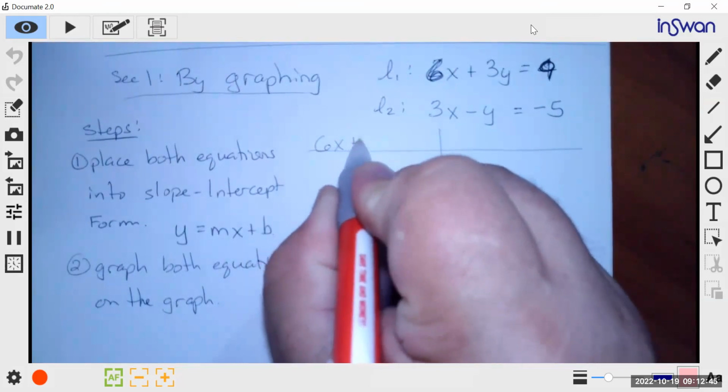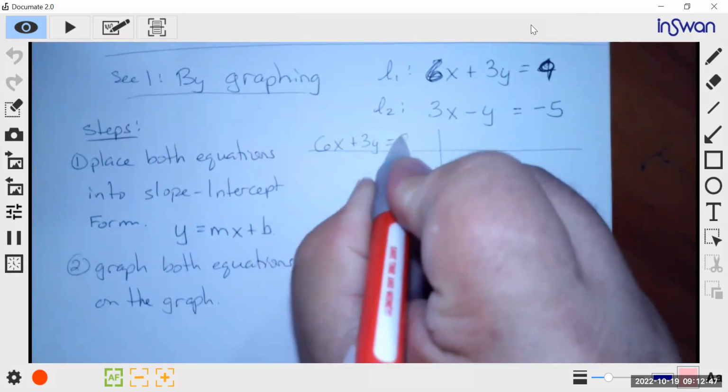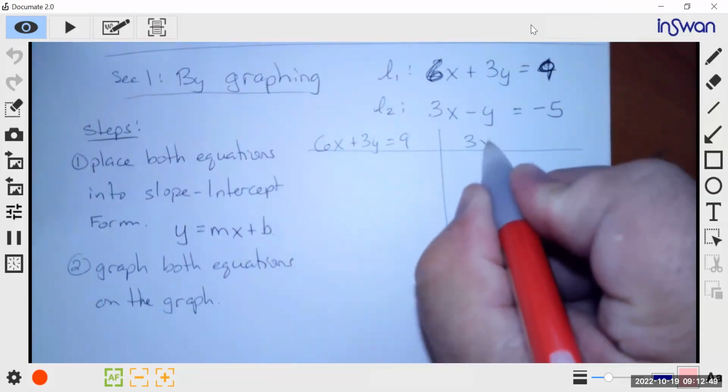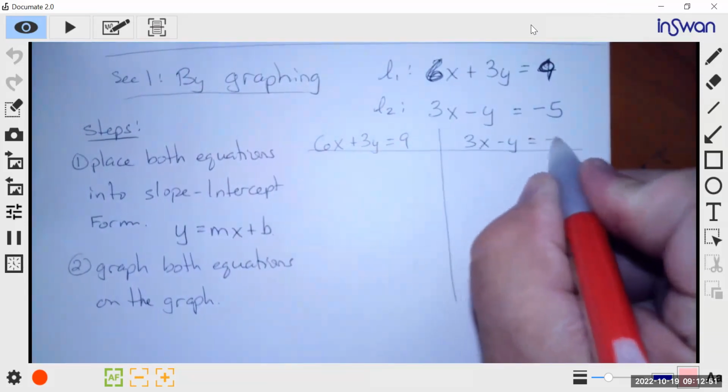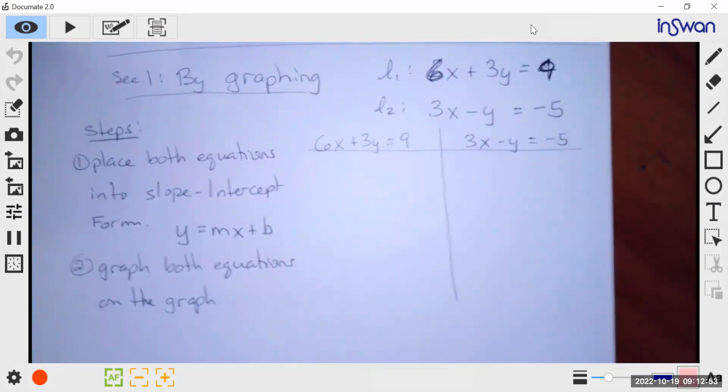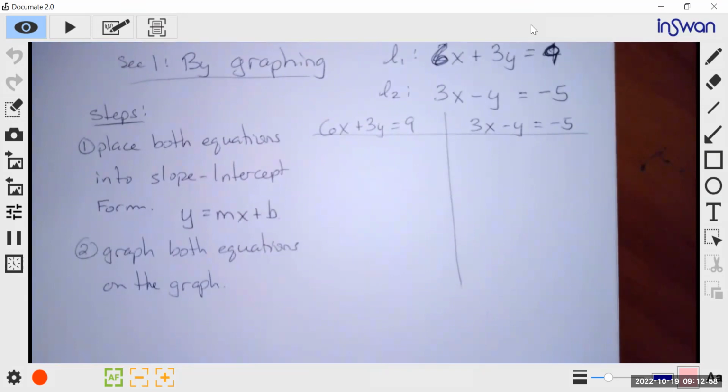Six x plus 3y equals 9. 3x minus y equals -5. Those are my two equations. You have to put them into slope-intercept form. So go ahead and put them in slope-intercept form.